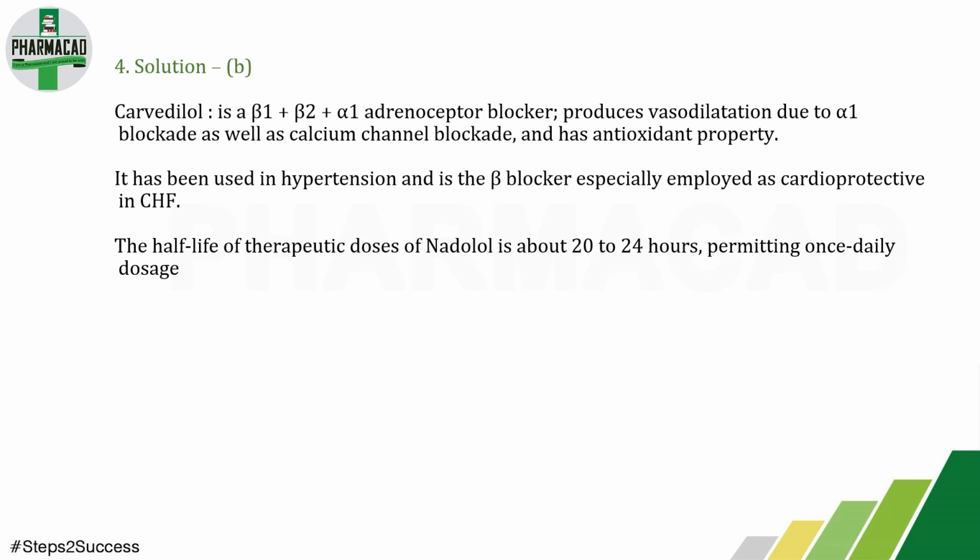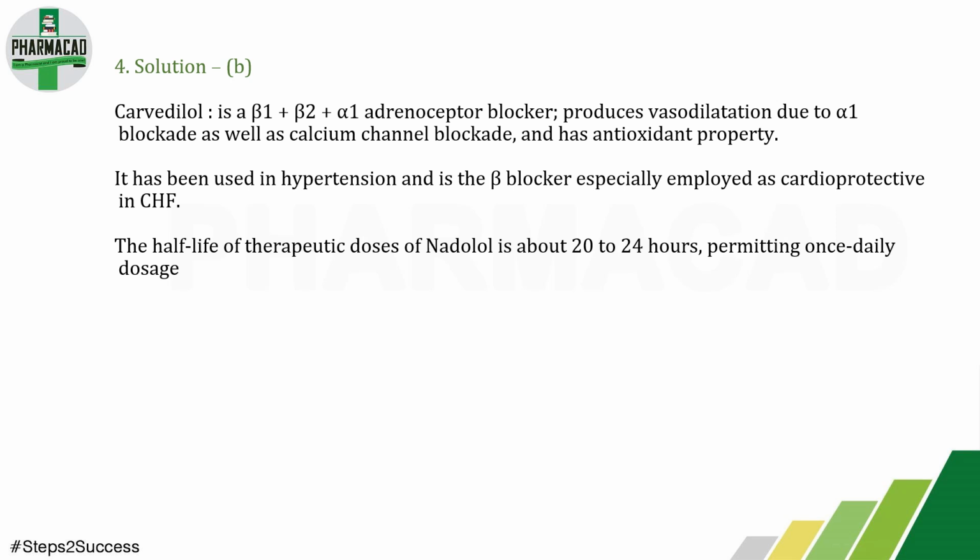Also, carvedilol has been used in hypertension and is the beta blocker especially employed as a cardioprotective in congestive heart failure. That's why R is a false statement. They have given carvedilol is a beta-1 agonist and selective alpha-1 antagonist. But no, it is a beta-1, beta-2 and alpha-1 blocker.